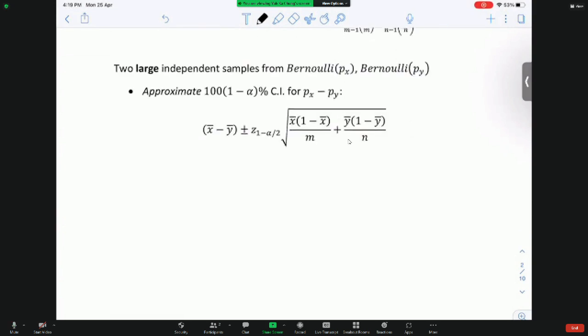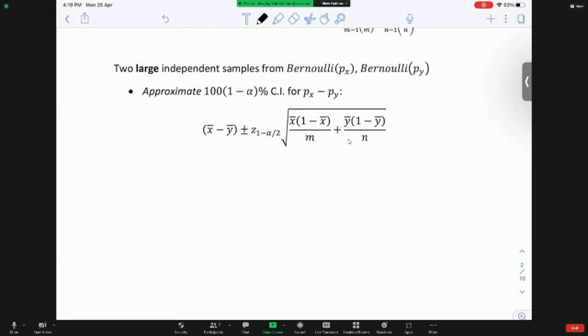Now, for the proportion, we may also want to compare the proportions from two populations. If you have two large independent samples from two populations with different proportions p x and p y, then the confidence interval will be obtained from the sample proportions of the X sample and the Y sample.